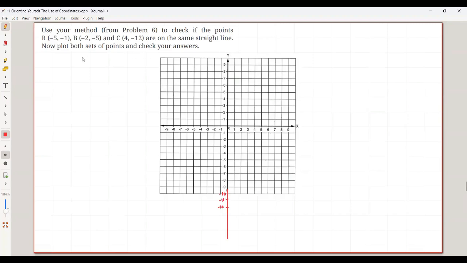Now I can just plot. R is equal to -5 comma -1. This is R point. Next, -2 comma -5. This is B point. Next, 4 comma -12. 4 comma -12 is coming here.